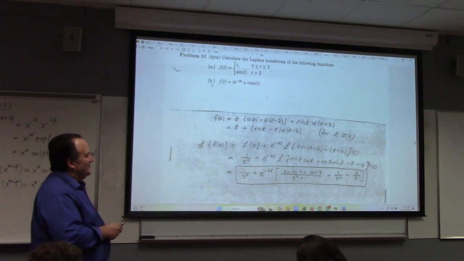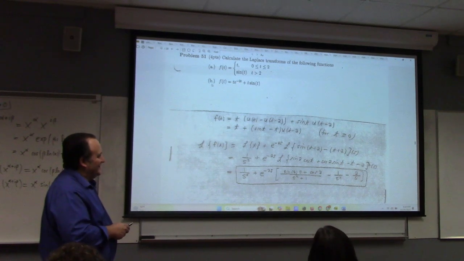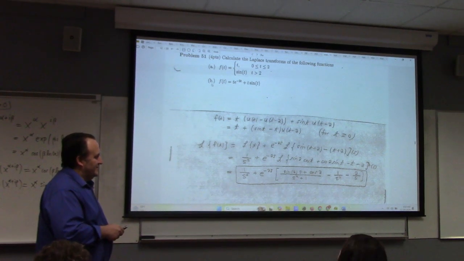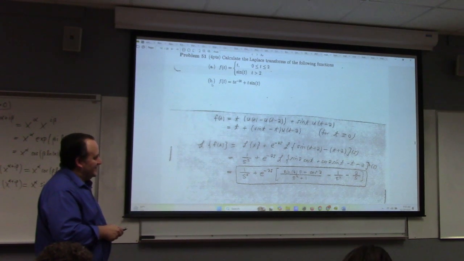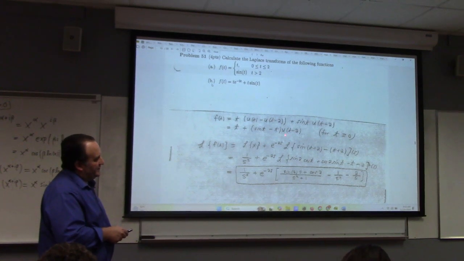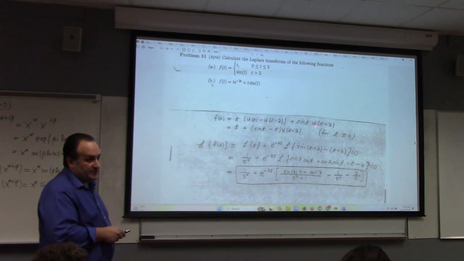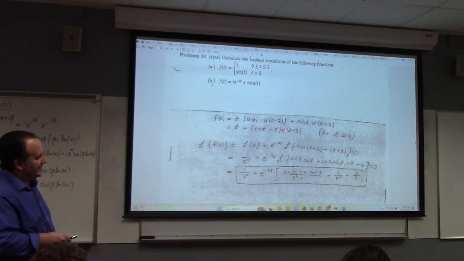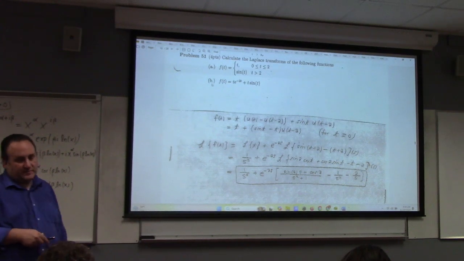Not knowing what u of t means when you get to the test Friday indicates a severe lack of studying, or maybe you're in a car accident or something. Hopefully you had some sort of trauma if you ask me that question. This is of course 0 if t is less than 2, and it's 1 if t is greater than 2. That's the unit step function. We built the gate functions, and once we have that, then we can Laplace transform and so forth.